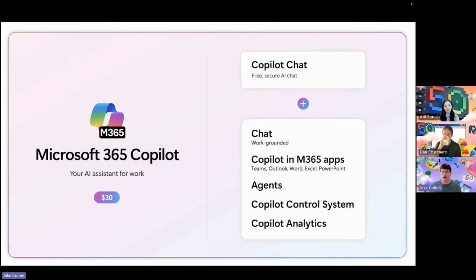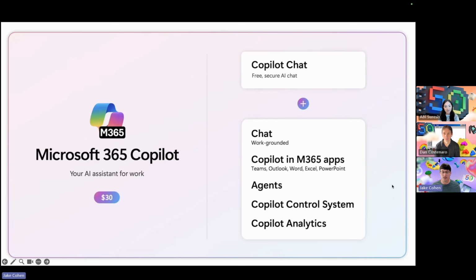So it knows the files and work and content that you're working on. This is incredibly powerful for getting work done at your organization versus just a web-scoped response. And that also allows employees to create their own custom agents, and more advanced IT admin controls.